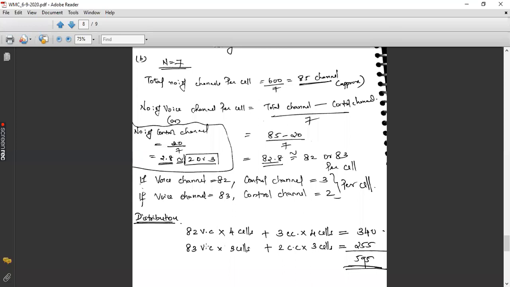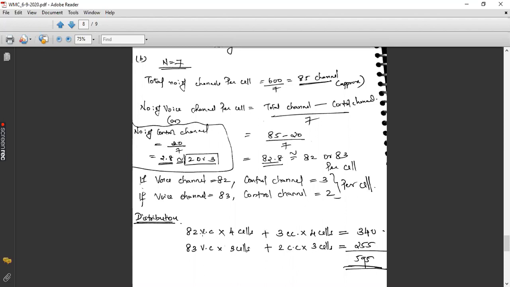Similarly, if we are taking 83 voice channels, then there will be 2 control channels. So in that way you try to redistribute 82 voice channels into 4 plus 3 control channels, I think this should be 3, right? There should be 3.